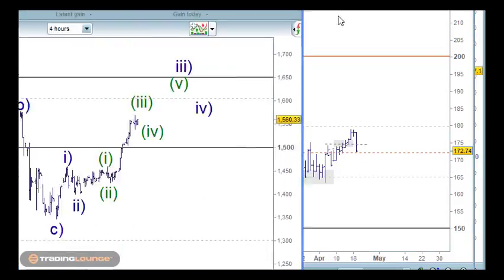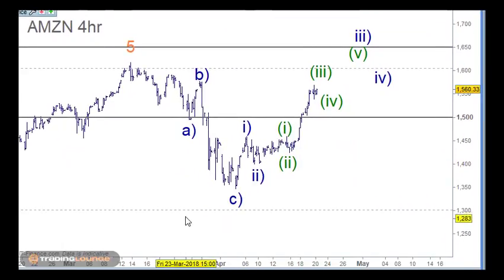Where we look at Amazon, for instance, the move up through here is just not finished, even if it was counted as an ABC, because we can count this as wave 1 and 2 here, then 1 and 2 here, and this is all of the third wave moving up here. So then we'll have a fourth wave and a fifth wave.